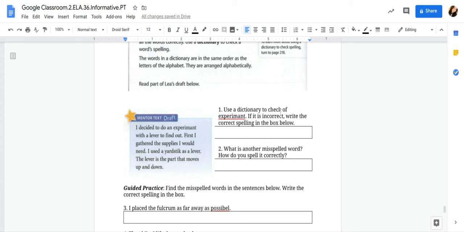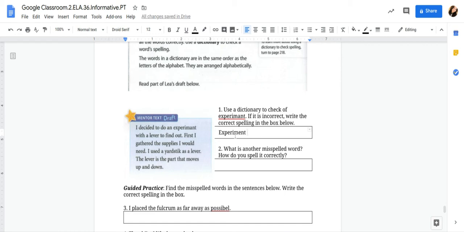Use a dictionary to check the spelling of experiment. If it's incorrect, write the correct spelling below. It looks like it's not spelled correctly. So let's see. I decided to do an experiment. Let's see. It looks like it's spelled wrong.